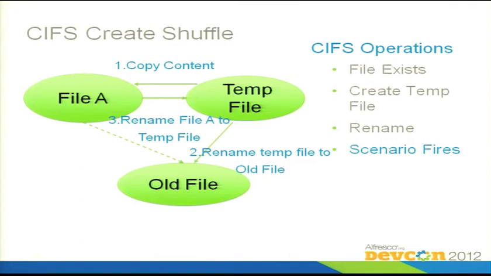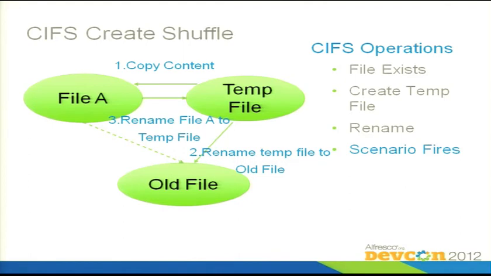The next part in the create shuffle was to rename file A out of the way, but at this point our Word scenario fires, and instead of renaming this file to here, first of all it copies just the content.